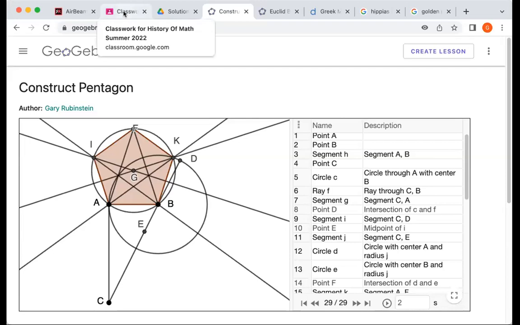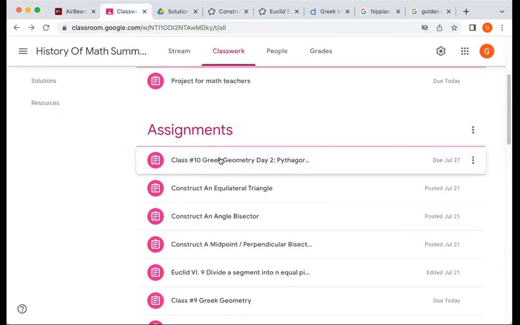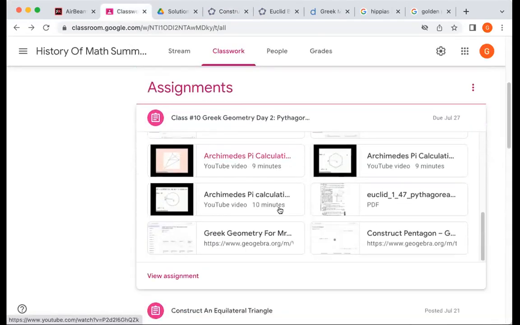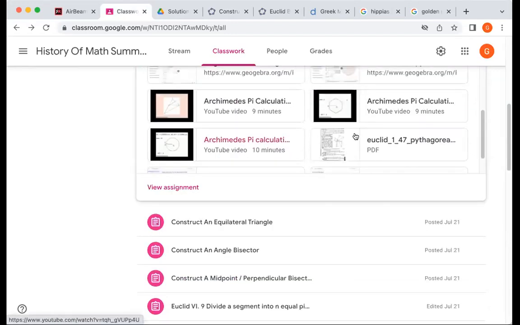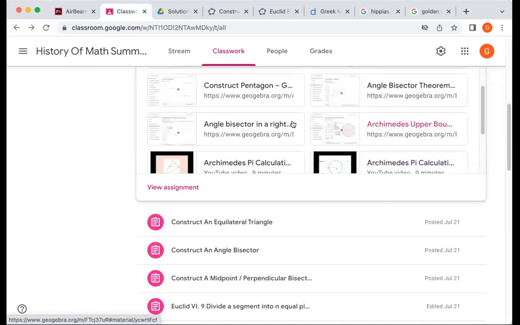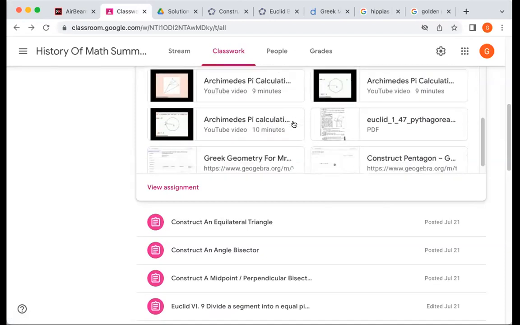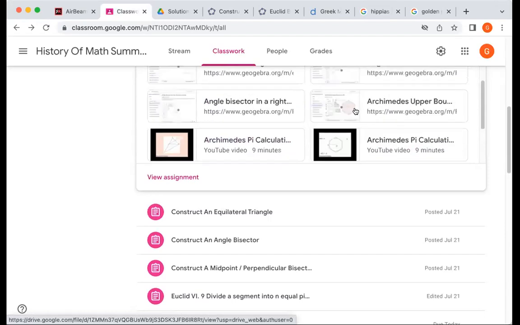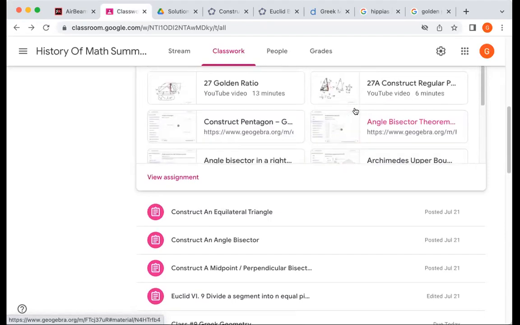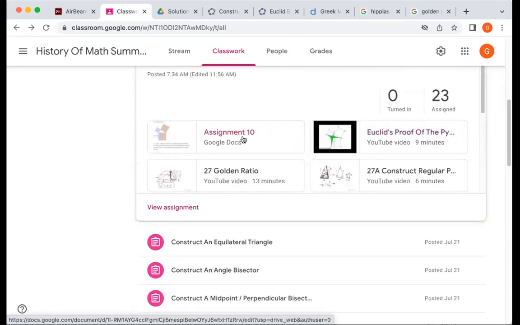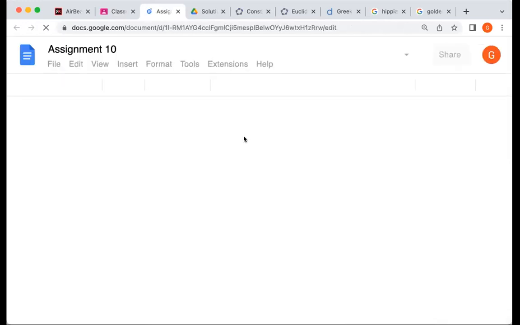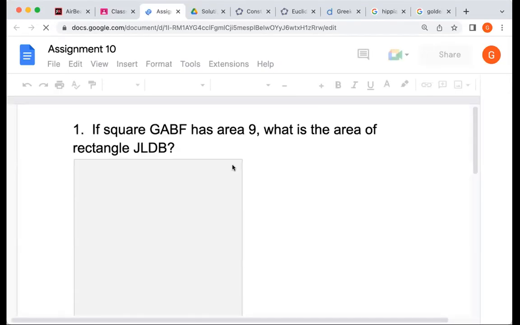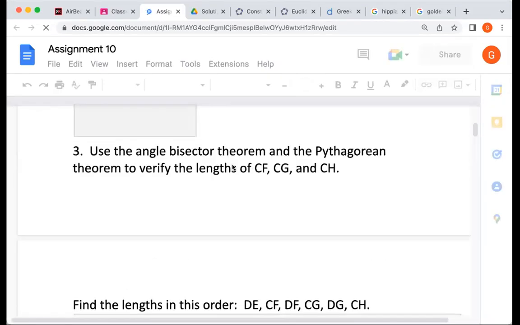Now, because we didn't do the third thing, I am going to remove from the homework assignment any questions about Archimedes and pi. Where is that? Assignment 10. So I'll make a note here. Oh, I see.